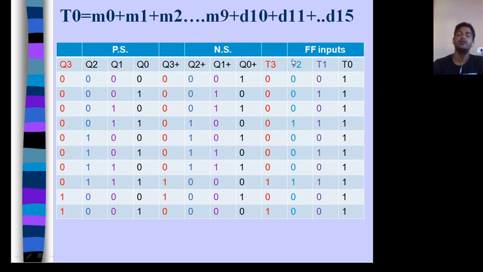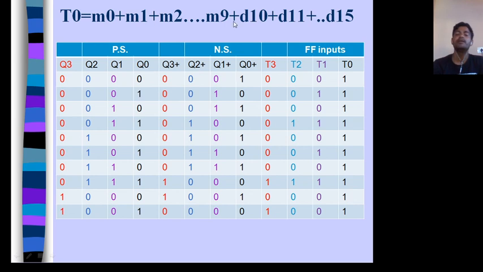Now you will solve every flip-flop input with the help of a K-map. Always remember, T3, T2, T1, T0 are functions of present states only, meaning Q3, Q2, Q1, Q0. The terms you are not using, you will make don't care terms.